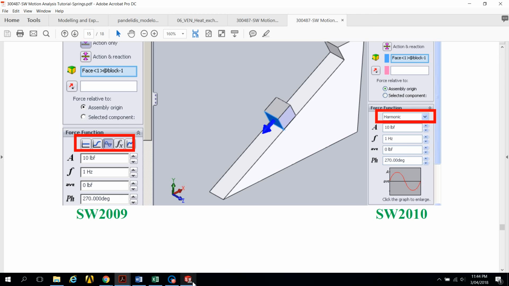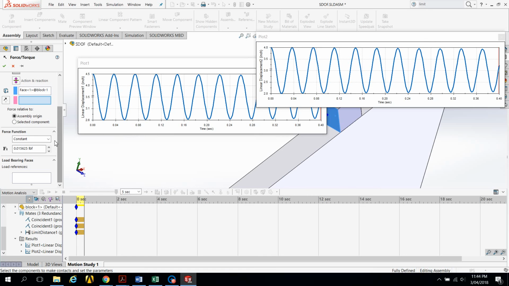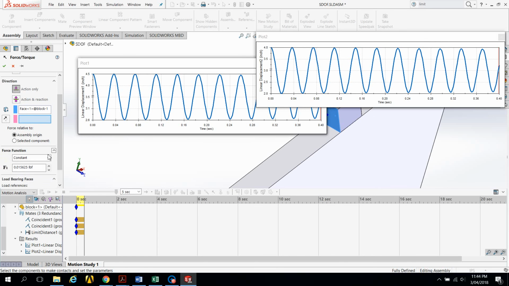It's a different thing as well. The force function. That's the force function. Okay, so step, harmonic, expression, load function, for file, the function. Let's go for the harmonic.